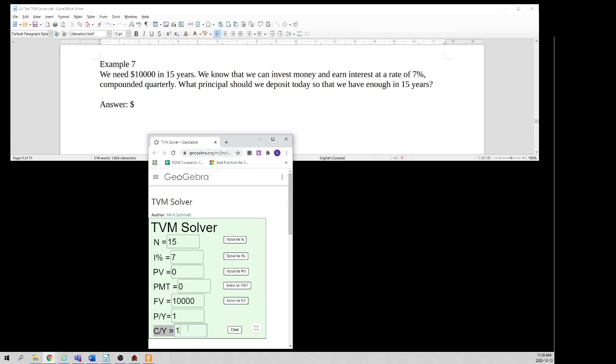And we know that we're compounding quarterly, so that's 4 times per year. We're going to solve for present value. That's the money that we need to take out of our wallet now to put into the bank so that in the future we have $10,000. So when I click present value, I'm expecting a negative number here. So today we have to deposit a little bit over $3,500. And then in 15 years we will have $10,000.